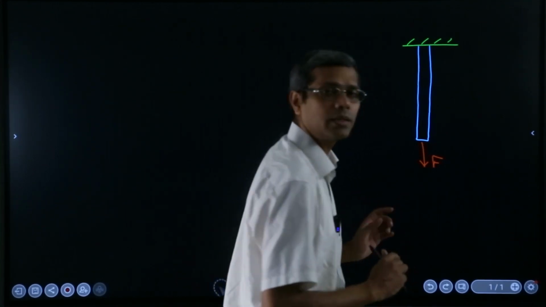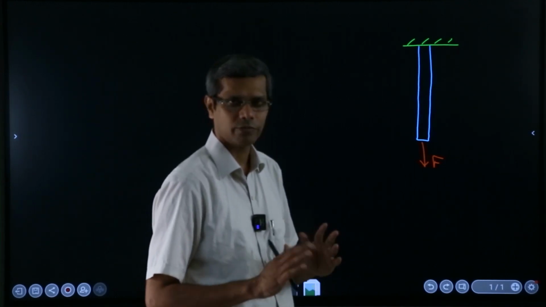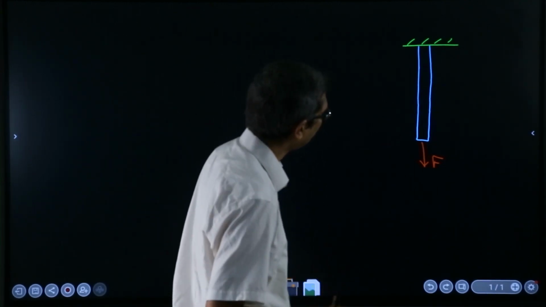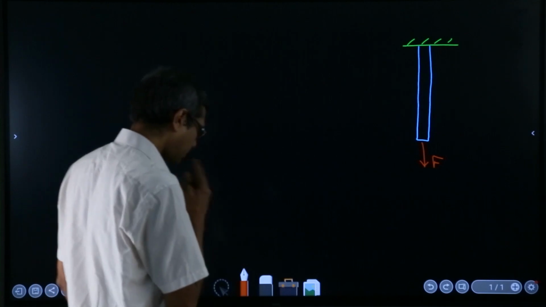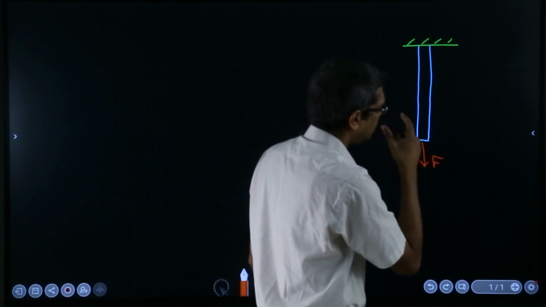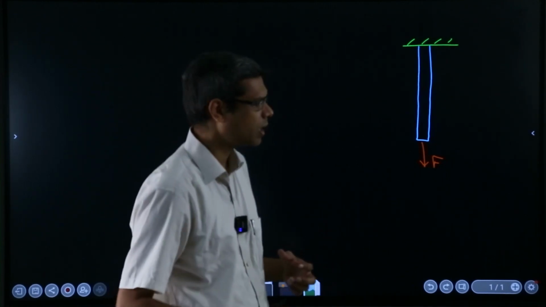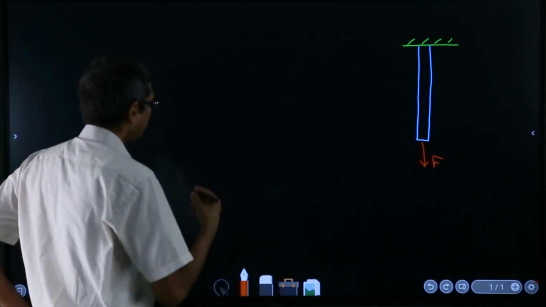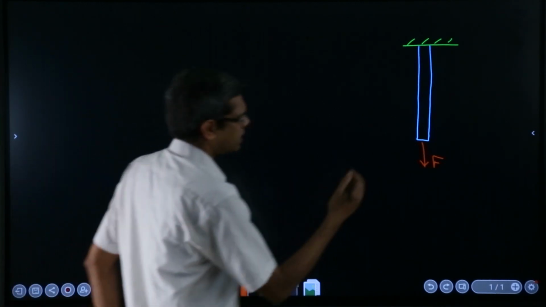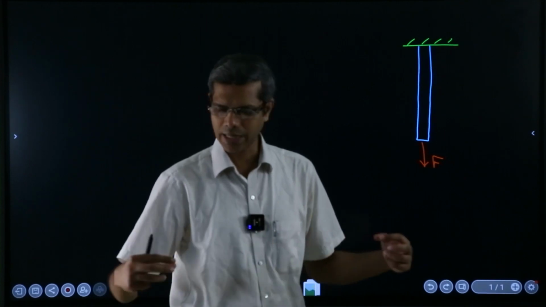and then there are some assumptions which we need to be very careful about, and those are like this. First is this rod which we have drawn here must be a prismatic bar. What I mean by that is a cross section which has been extruded in a straight line.